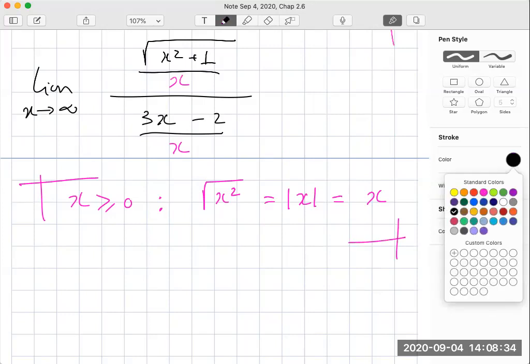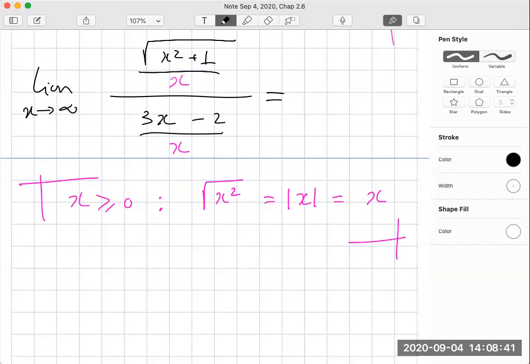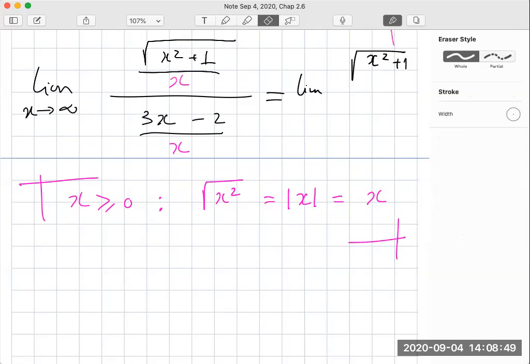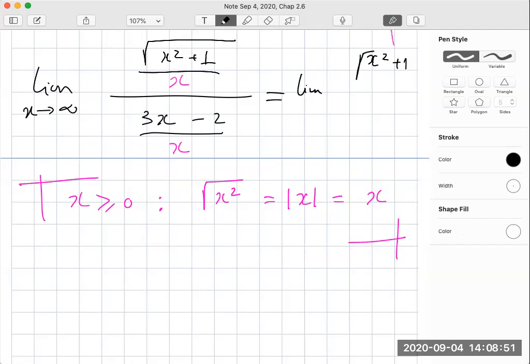Right? Now, we see that this is x. We don't want to write it this way. We write it as square root of x squared plus 1 divided by square root of x squared. Right? We prefer writing this way. It's the same thing, right?